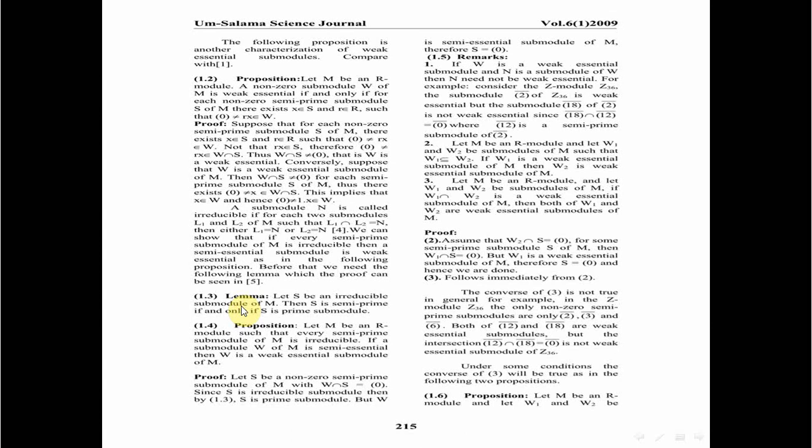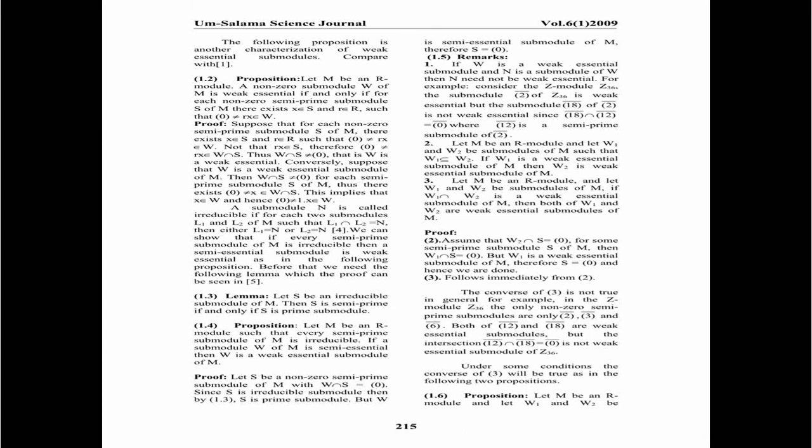Lemma 1.3. Let S be an irreducible submodule of M, then S is semi-prime if and only if S is prime submodule. This lemma is found in reference 5. By using this lemma, I gave proposition 1.4.